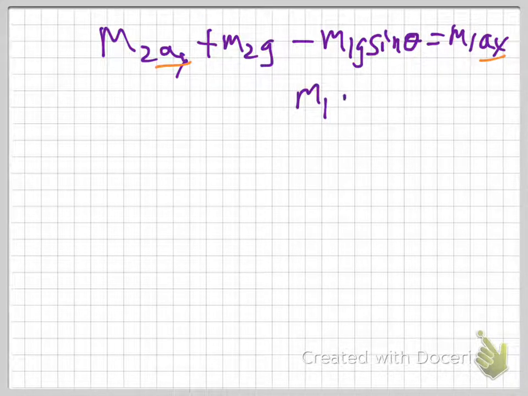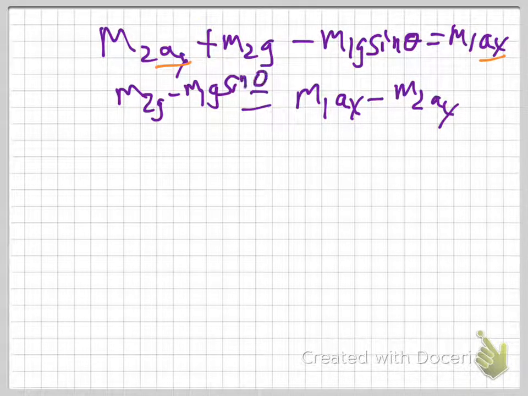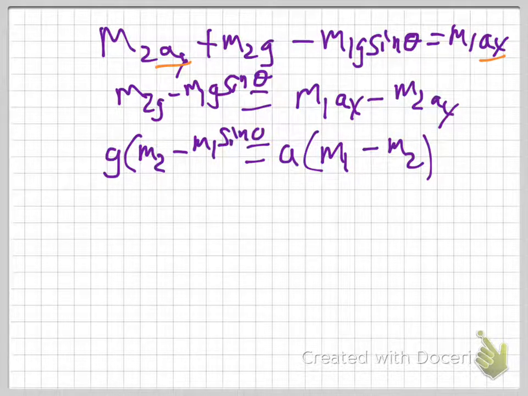So I'm going to do m1 ax minus m2 ay. This is equal to m2g minus m1g sine of theta. My right hand side I'll be able to pull out g, if that makes you guys feel more satisfied: m2 minus m1 sine theta.